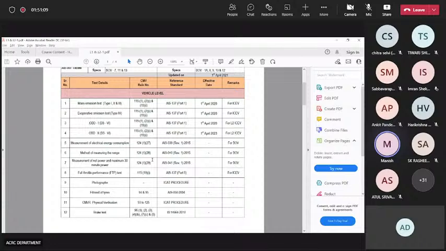Then comes the fitment of tires. They will check the tire fitment on your vehicle, whether the correct size of rim and tires are there or not. That is applicable for IC engine as well as battery operated vehicles. Then there is the CMVR physical verification. Here they will check the functional physical layout of the vehicle in terms of ground clearance, seating height, turning radius, overall vehicle height, everything as per the specs.